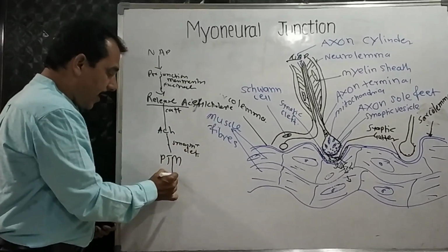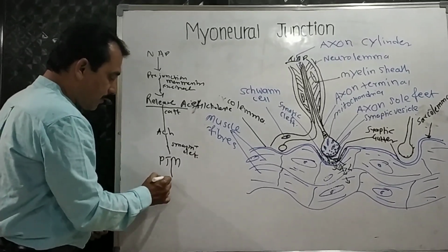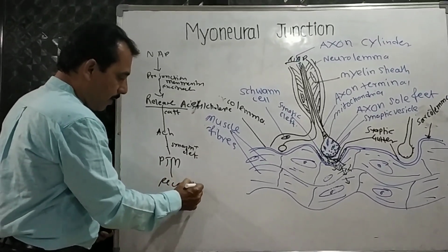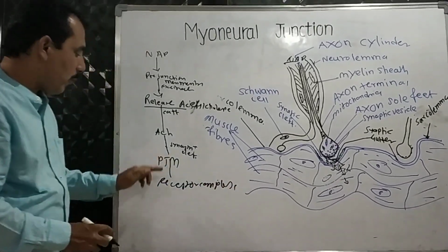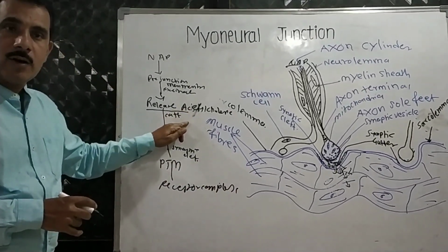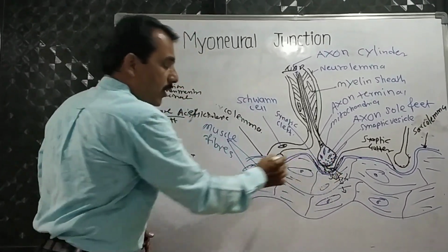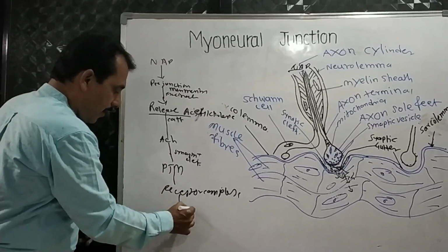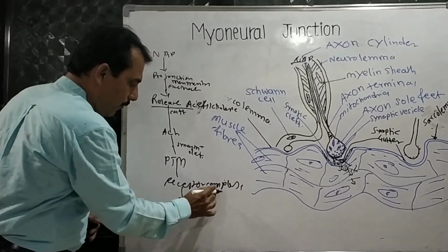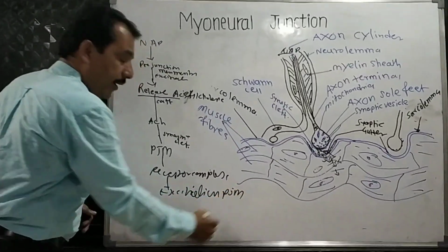At the postjunctional membrane, it forms the receptor complex for acetylcholine, and this acetylcholine gets deposited on the postjunctional membrane, causing excitation of the postjunctional membrane.